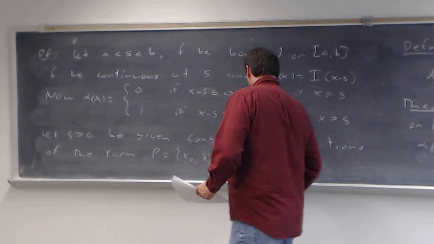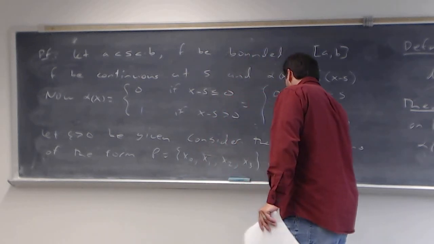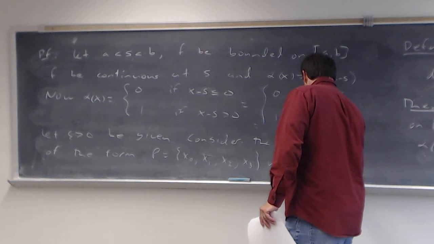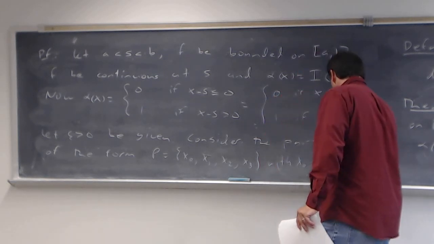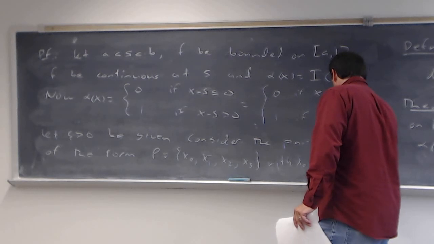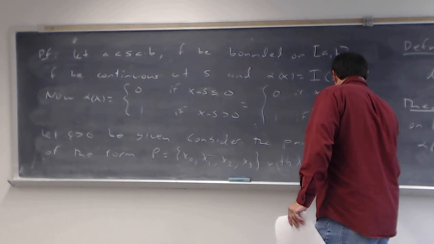So it's only got these 4 entries, with x of 0, of course, being a, x of 1 equal to s, which is less than x of 2, which is less than x of 3, which equals b.